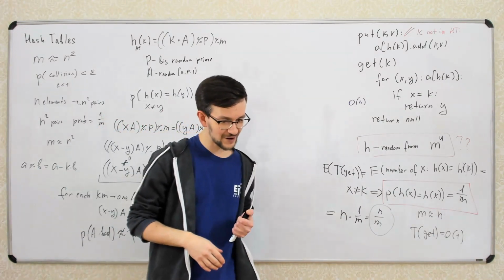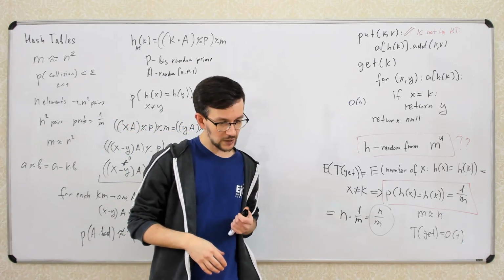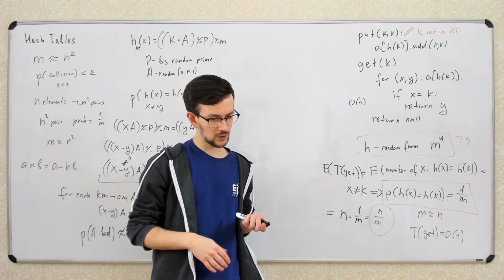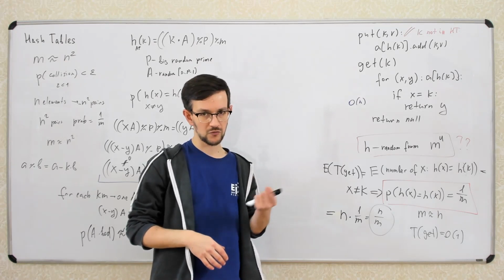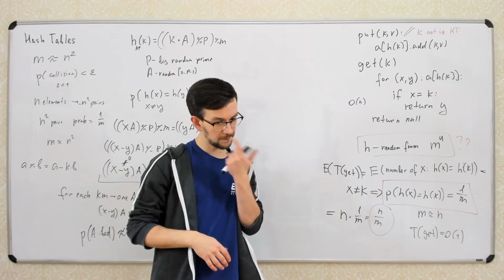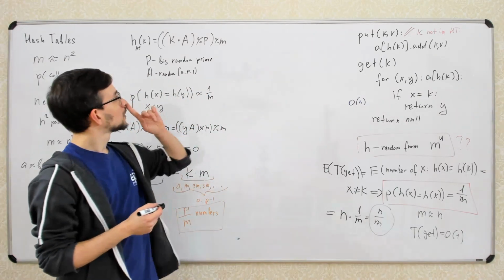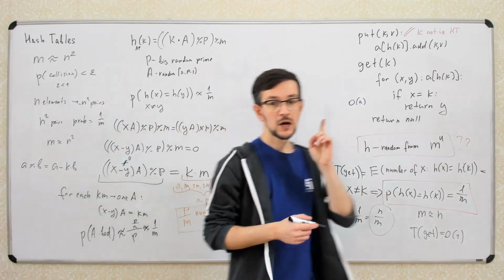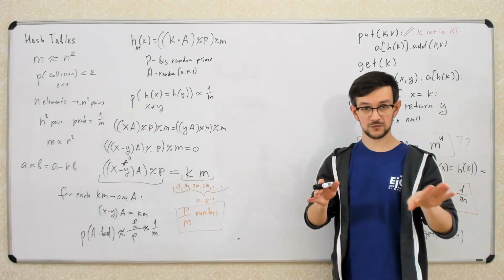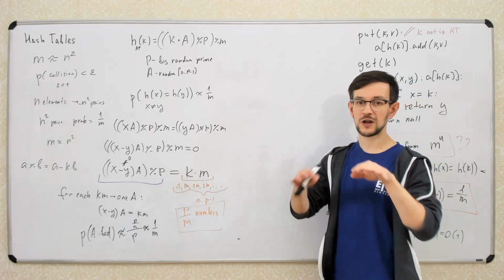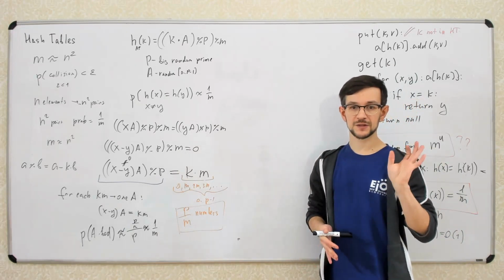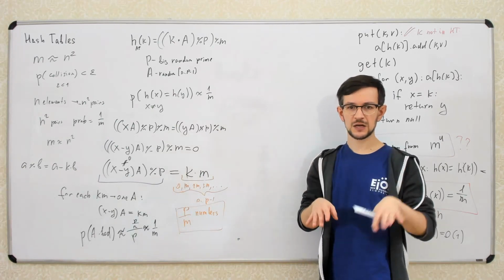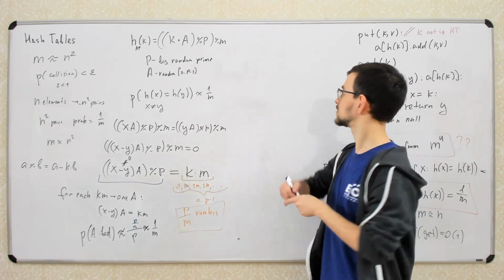Sorry, I erased this: 2 multiplied by 4 is 8, modulo 5 it's 3. Looks fine. What else? Let's imagine that we have some different set of hash functions, and this set satisfies the following property.